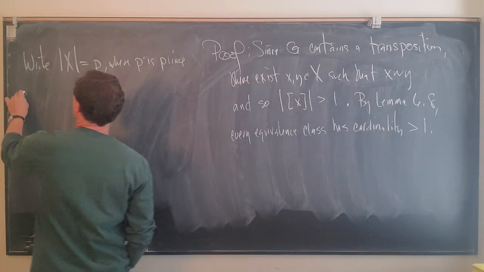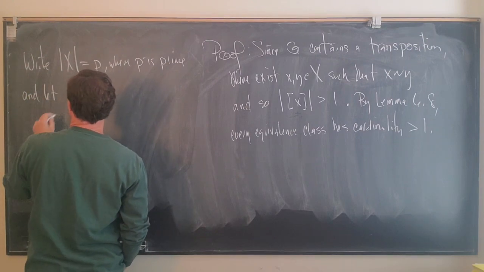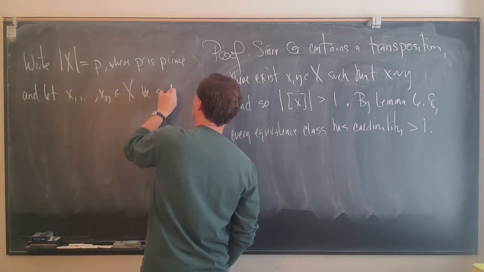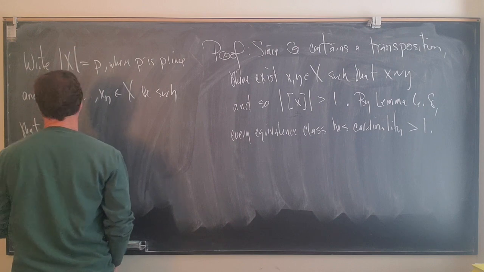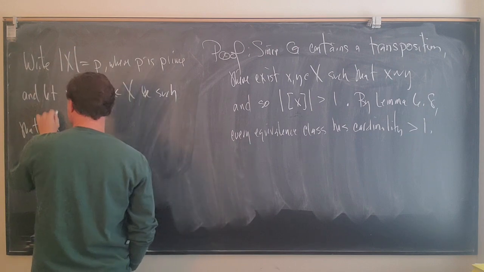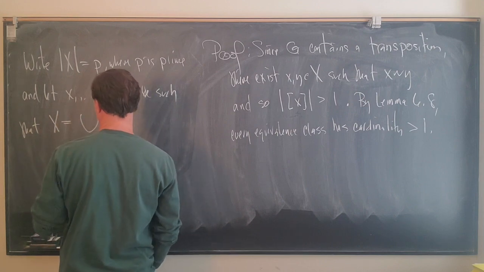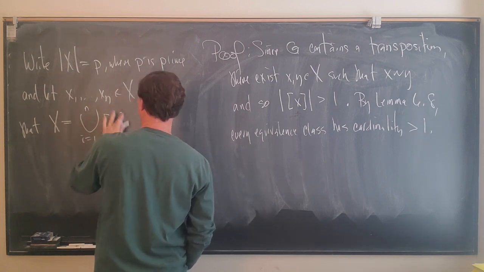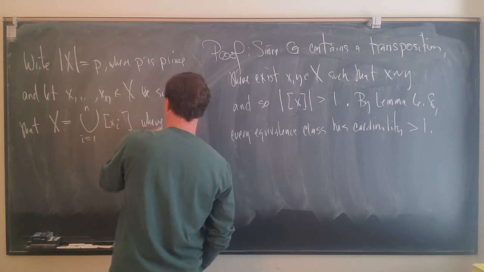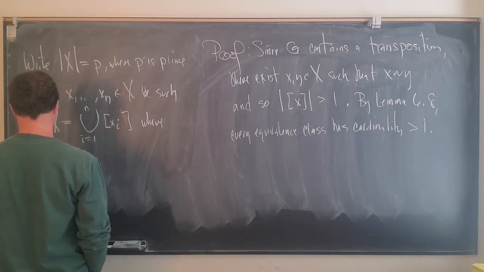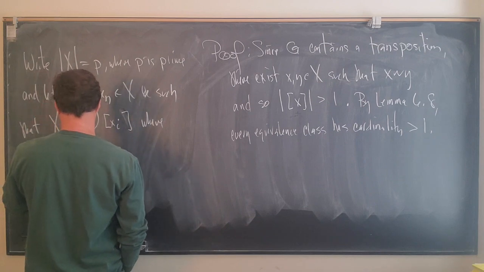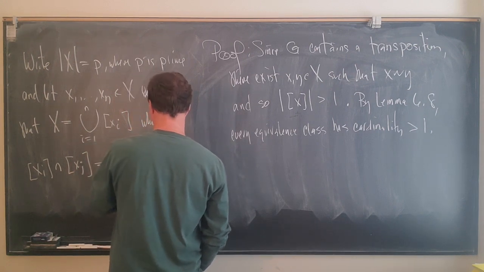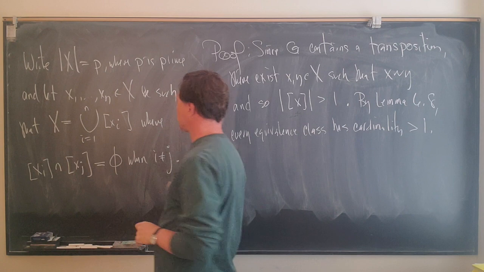And let x1 up through xn in capital X be such that X is equal to the union, i equals 1 to n, of the equivalence class of x sub i, where the equivalence class of x sub i intersect the equivalence class of x sub j is empty when i is not equal to j.